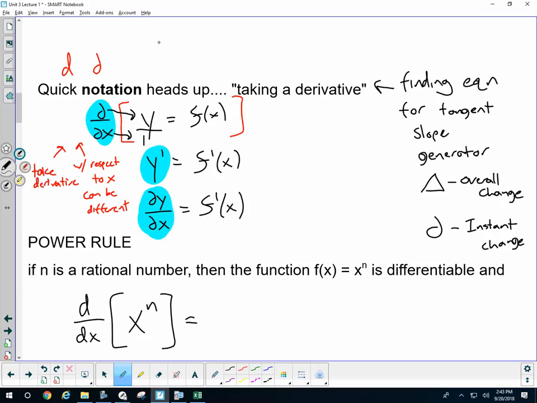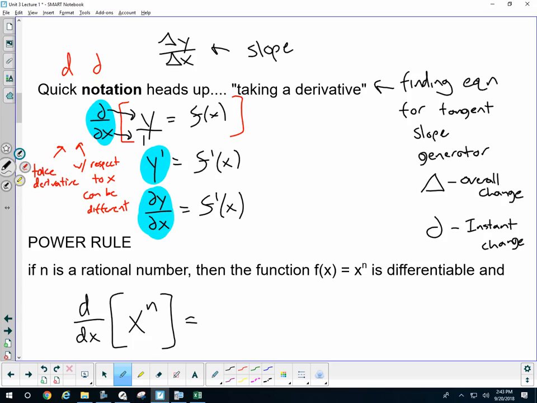If I asked you what delta y over delta x means to you, what would you answer? Change in y over change in x, which then goes to slope, right? This is our known formula for slope. What do you think dy over dx would represent? The instantaneous slope, right?